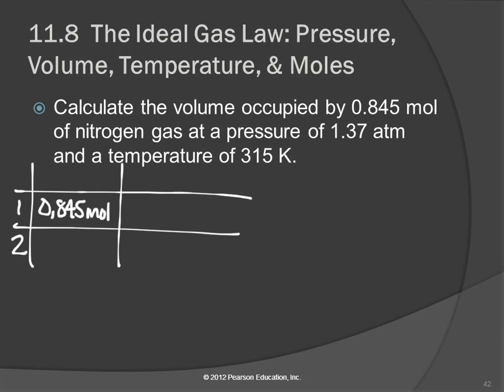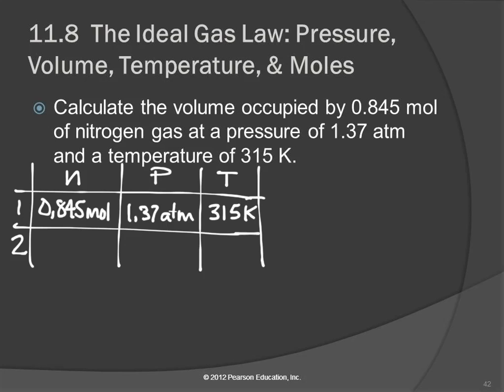What letter do we associate with moles? That's N. The next number is 1.37 atmospheres, and that is pressure, capital P. And then 315 Kelvin, and that's a temperature, capital T.